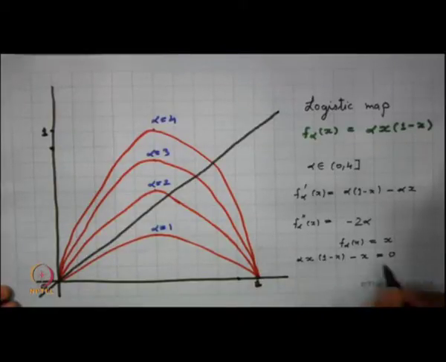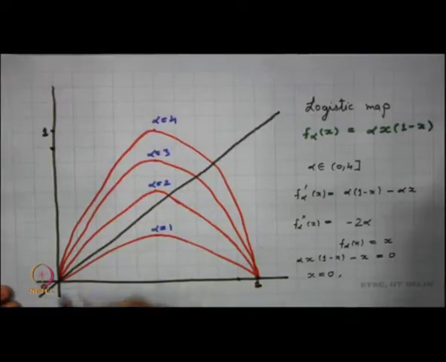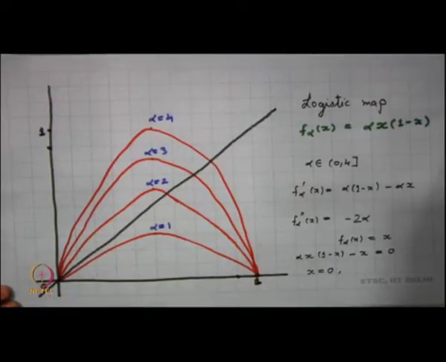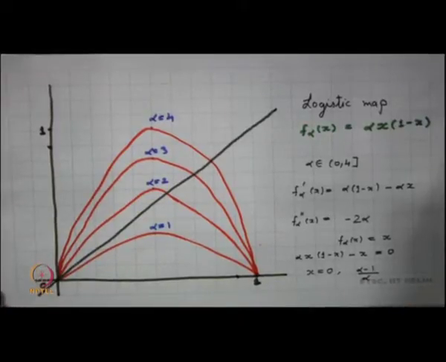One can easily take x common. One of the values turns out to be x equal to 0, which you can easily see from the graph is a fixed point. The other value is alpha minus 1 by alpha. So, we can have just two fixed points here by looking into the equation of the logistic map.